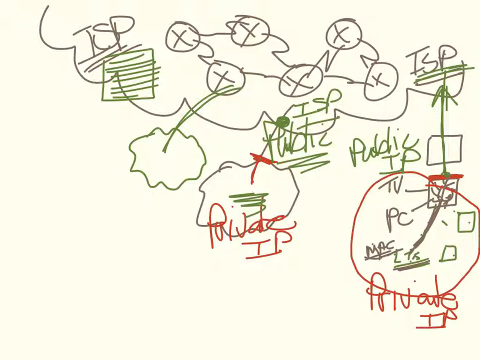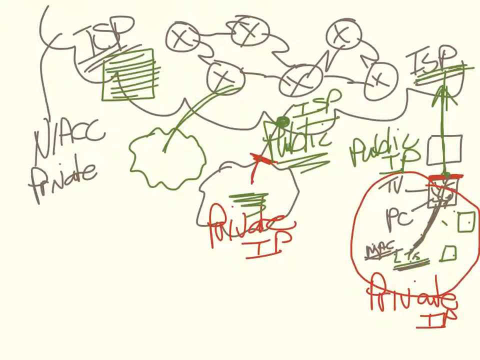And the same thing's true at NIACC. We have probably 700-800 devices internally, maybe more than that, connected with private addressing. But when it goes out, it's given a public address to use to go through the internet. And NIACC actually has a number of public addresses it can use.